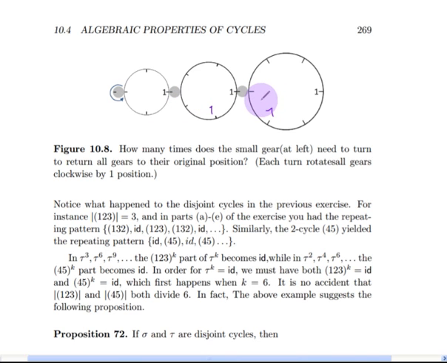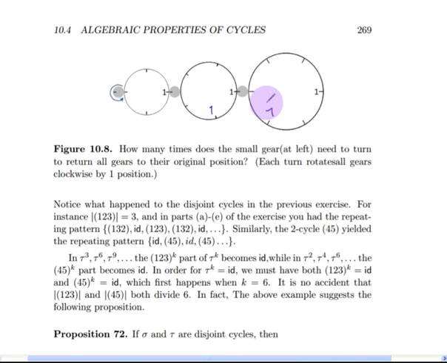Well, from the theorem we just mentioned, to get this gear back to the start, I would need a multiple of 4. According to this gear, I would need a multiple of 5. And according to this gear, I would need a multiple of 6. So I would have to raise this permutation to a power that's a multiple of 4 and of 5 and of 6.